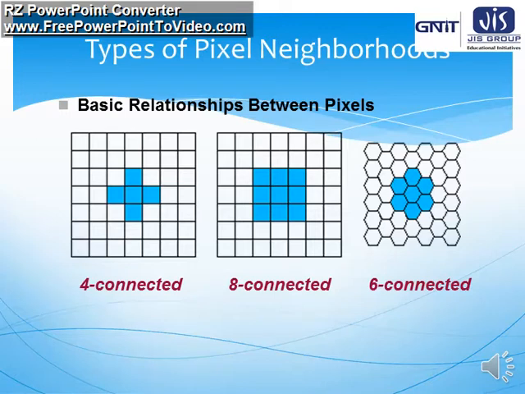So all these 8 pixels are linked to that particular pixel, which is known as 8 connected. And if we consider the hexagonal case, there are 6 connected pixels. These are the basic relationships between pixels, also known as the types of different neighbors of the pixels.